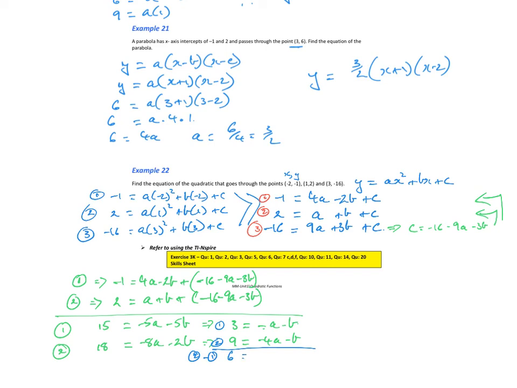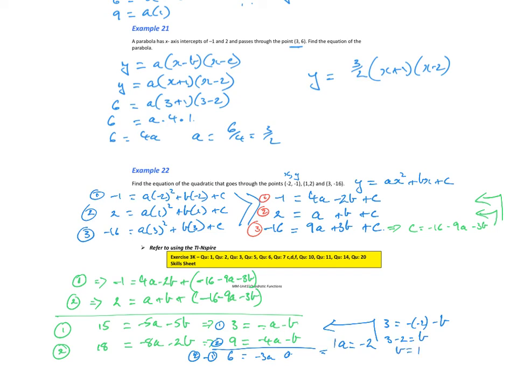Minus 4a minus a is a plus, so it's -3a. Minus b minus b is 0. So that gives me a is equal to -2. Maybe substitute that into there. And that means we get 3 is equal to minus (-2) minus b. So that's plus 2. So 3 minus 2 equals b. So b is equal to 1.